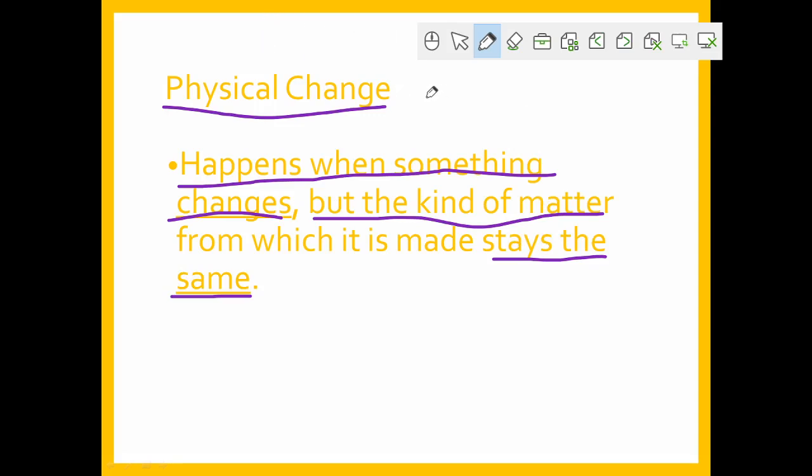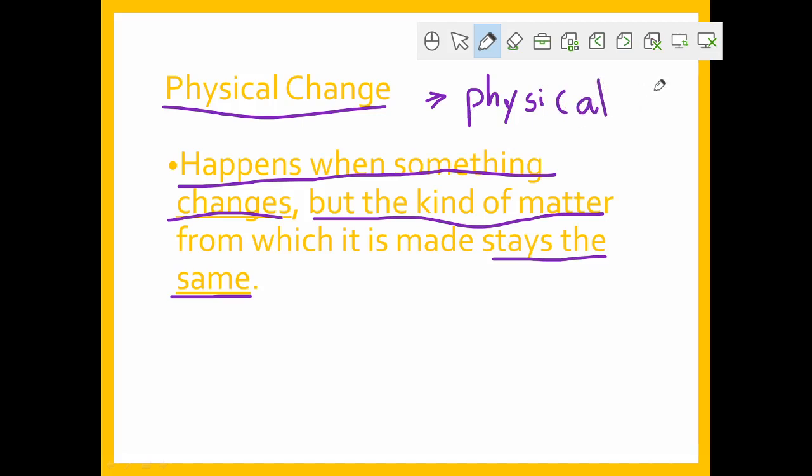Yalla, let's try to write it by ourselves. P H. Give us the sound of F. Physical, physical change.